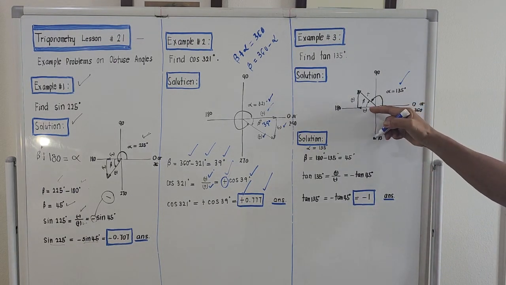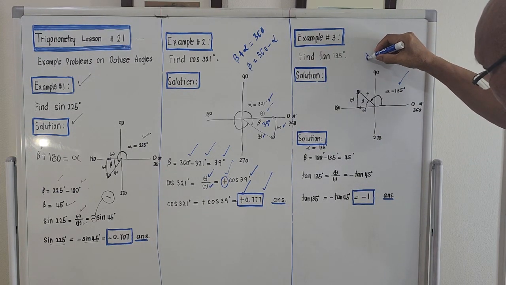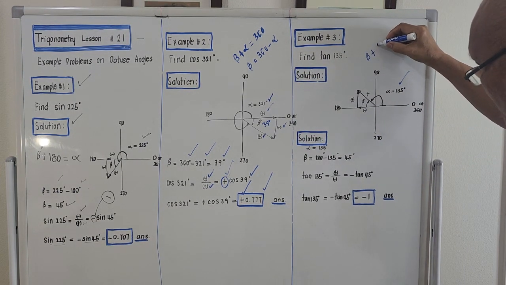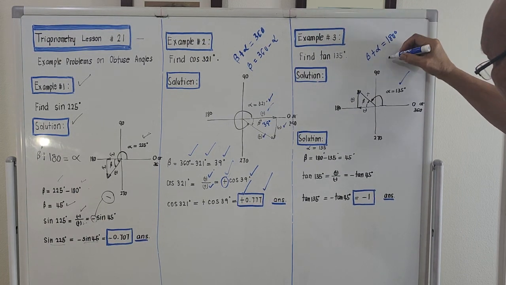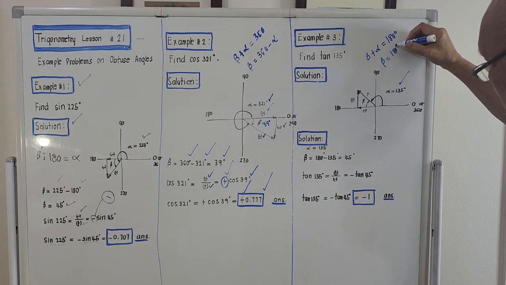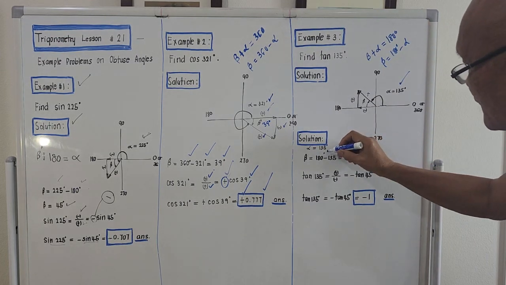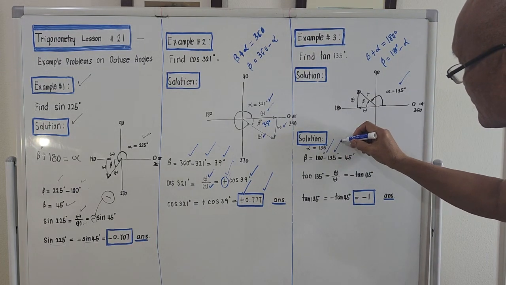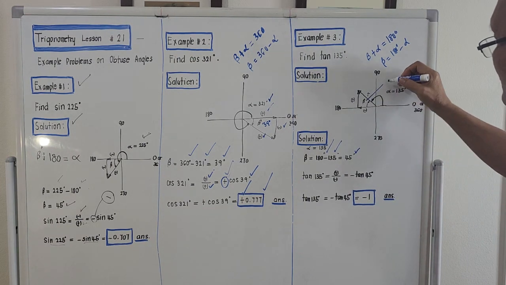So this is beta. So beta plus alpha is equal to 180 degrees. If we try to compute for beta, it should be 180 degrees minus alpha. So this is 180 degrees minus 135. It should be 45 degrees. So this is actually 45 degrees.